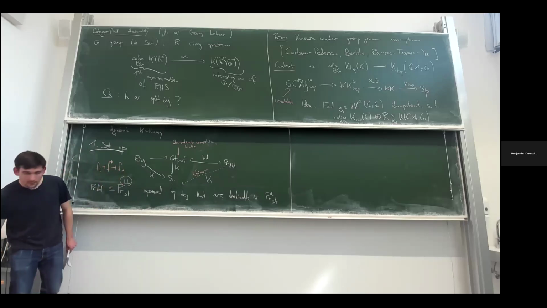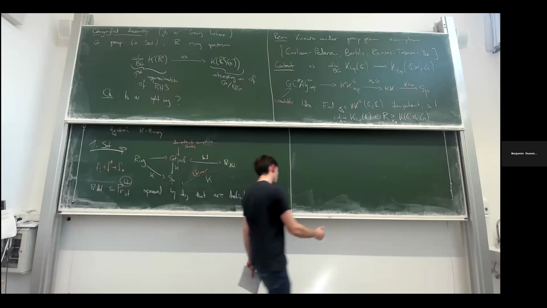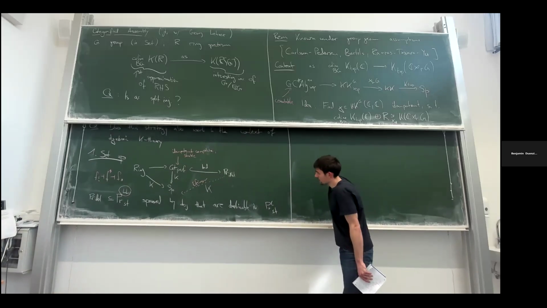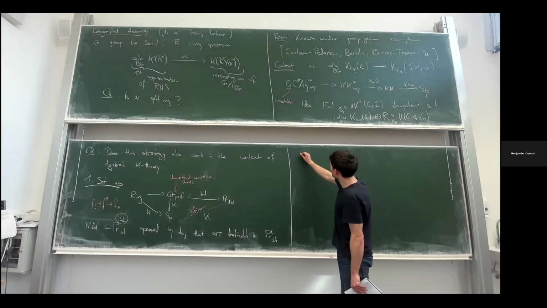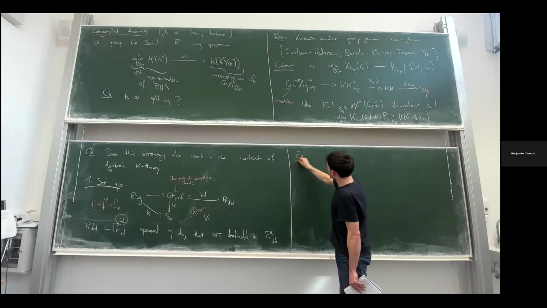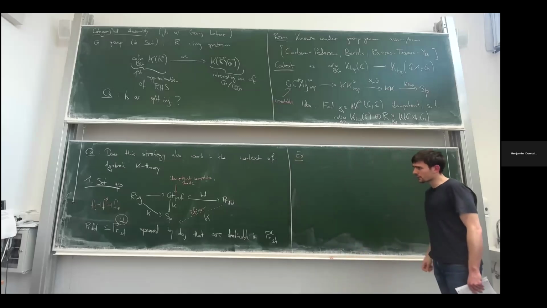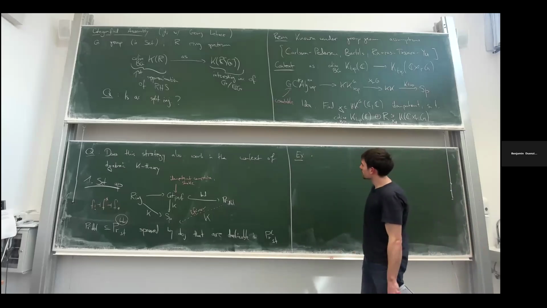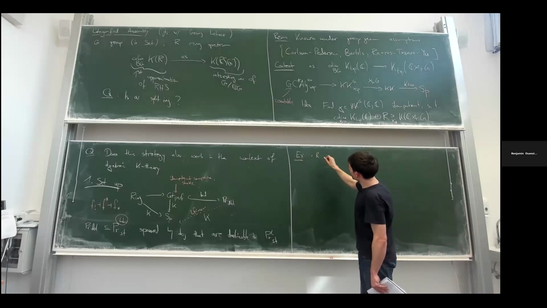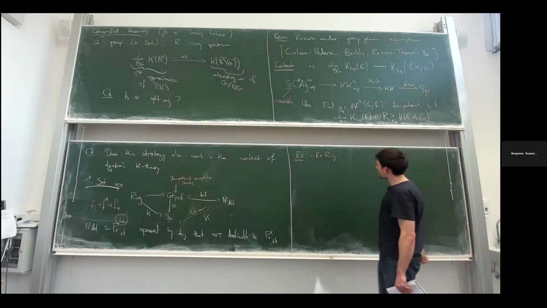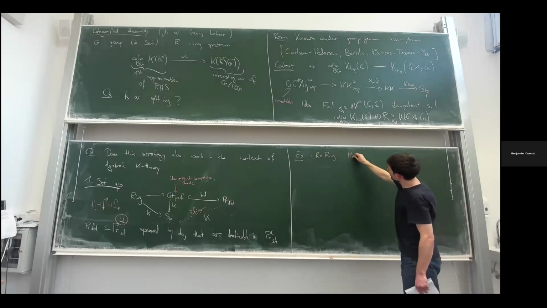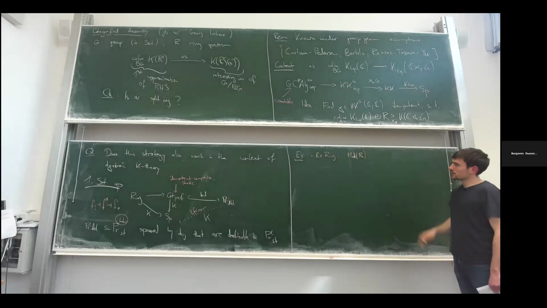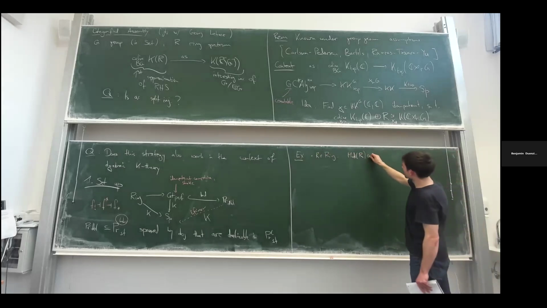Okay, so technically this is the precise setup, but what's actually a little bit more important for us are the examples. Okay, so the first example is for any ring spectrum R, we can consider modules over this ring spectrum. And this category is dualizable.